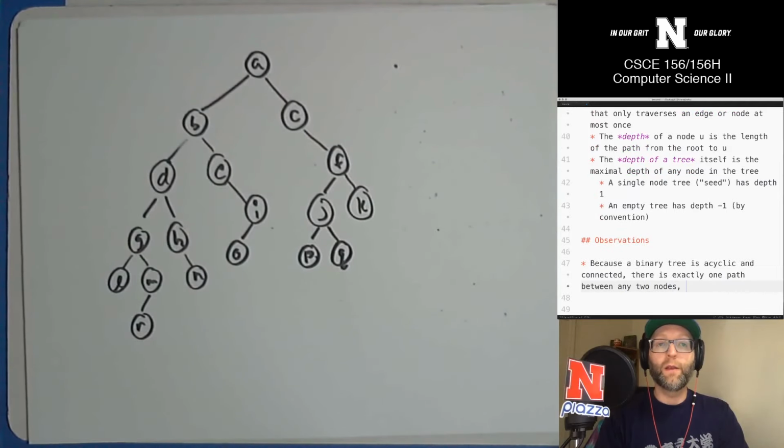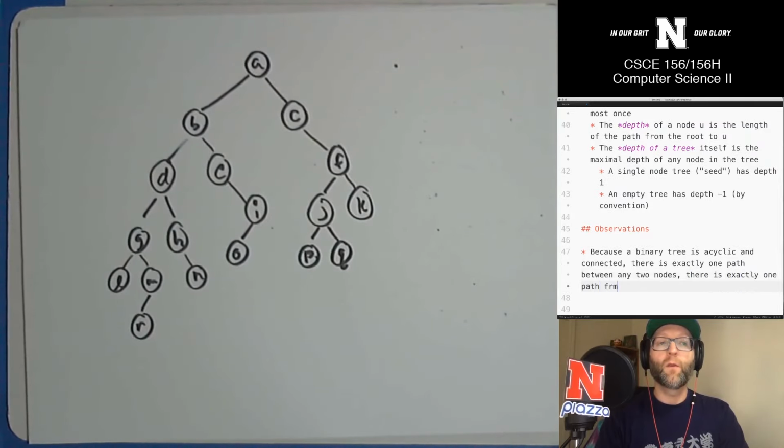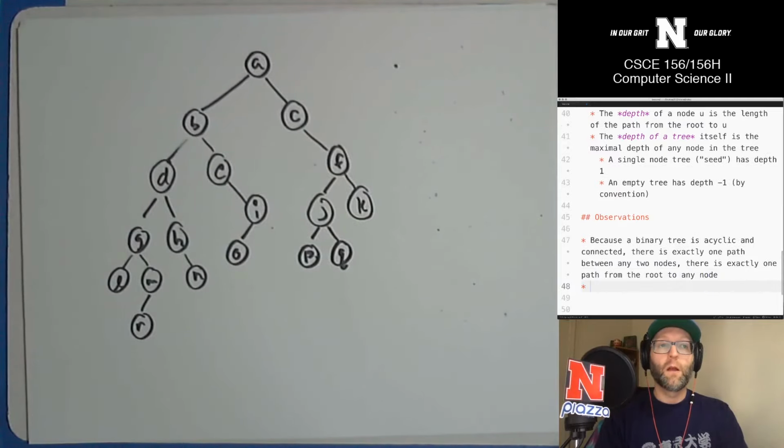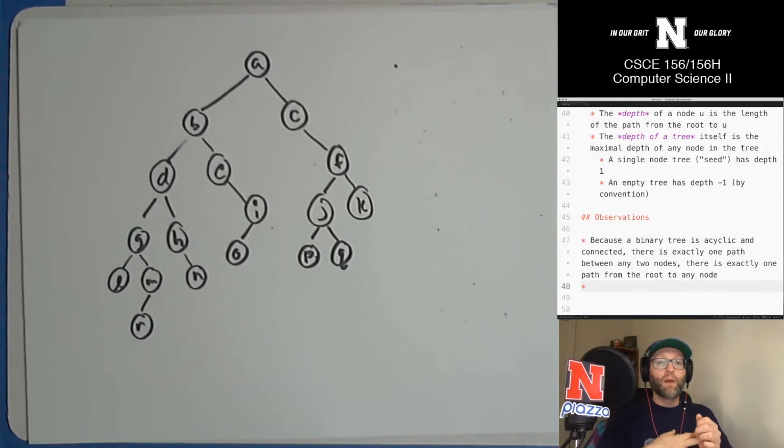And consequently, there is exactly one path from the root to any node, period. Right? That's the structure that we're going to exploit. Because with just a general graph, there can be an exponential number of paths going from A to B. You could traverse an exponential number of paths backwards and forwards.